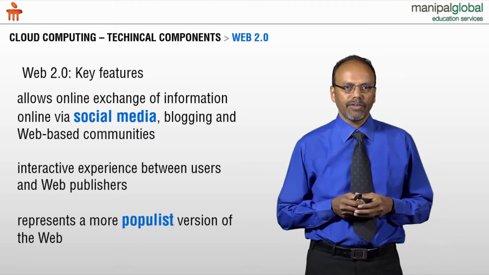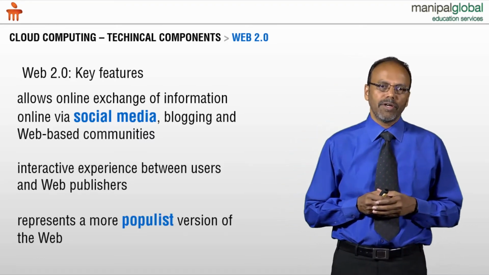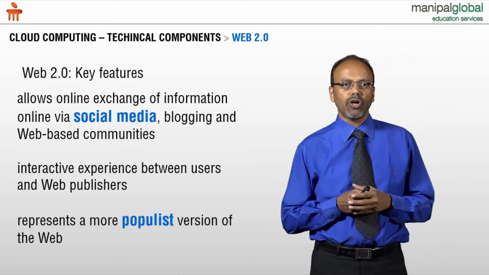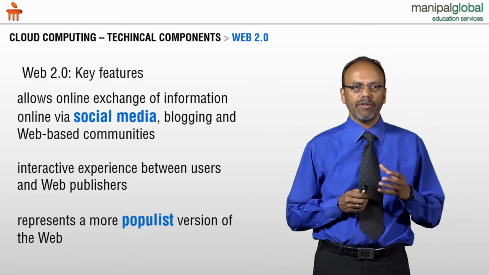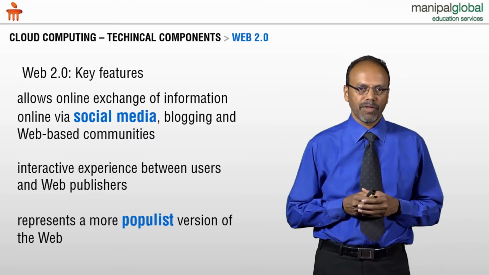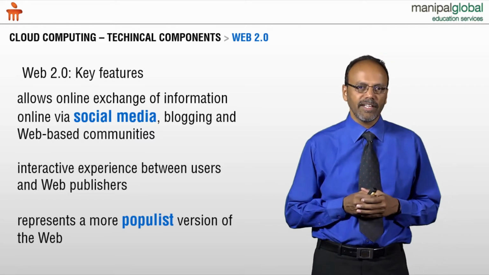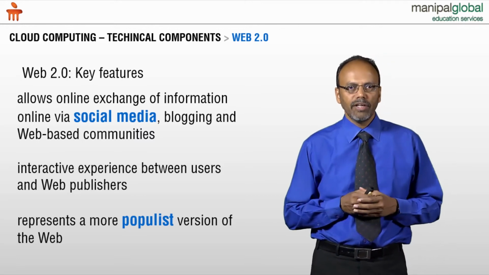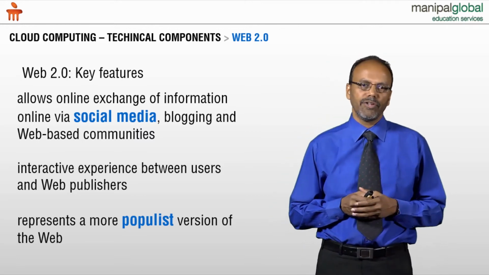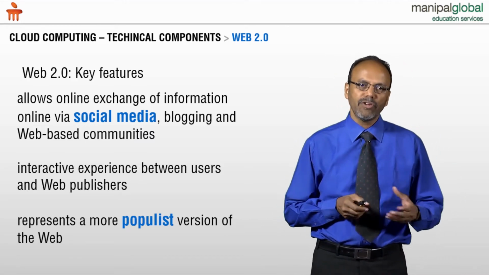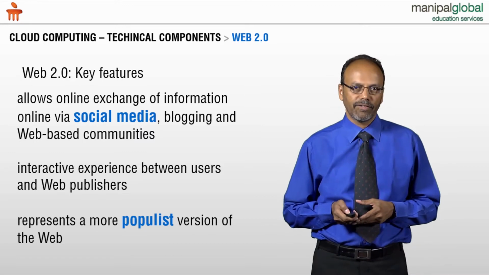Now, if you look at it, this Web 2.0 represents a more populist version of the web where people do not want to view or look into the static pages. They want vibrancy in the information that they are accessing. We all are using Web 2.0 whenever you are updating your status on any social media site or maybe in your mobile, etc., wherever it is.